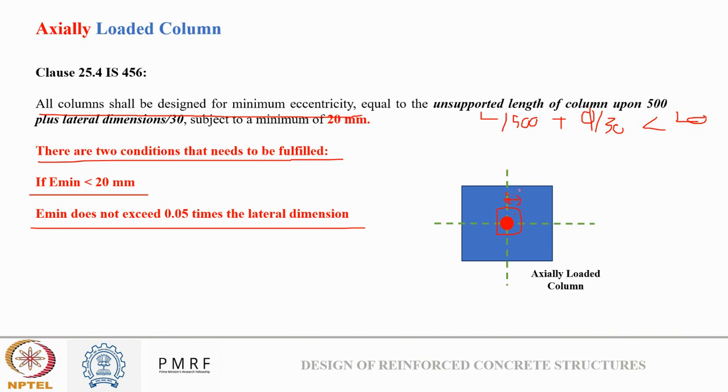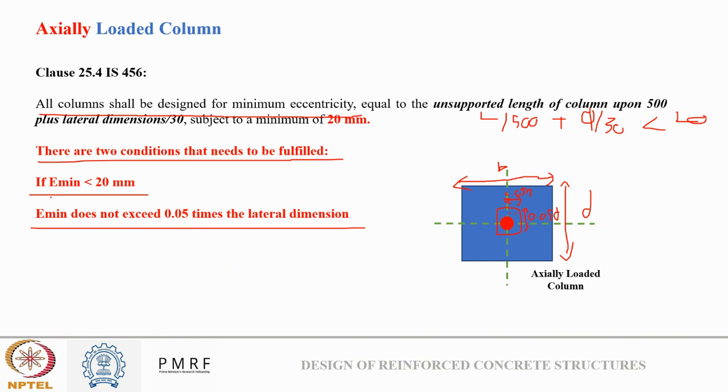So suppose this is 0.05 times b, and this is 0.05 times d. This is my depth and this is my width. Suppose in this square or rectangular area around the center, my axial load is acting.